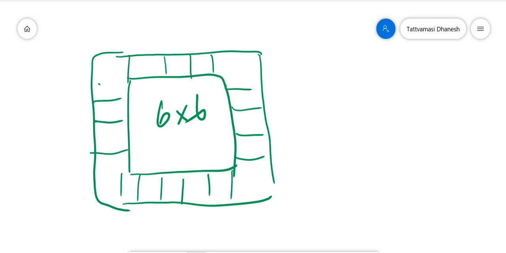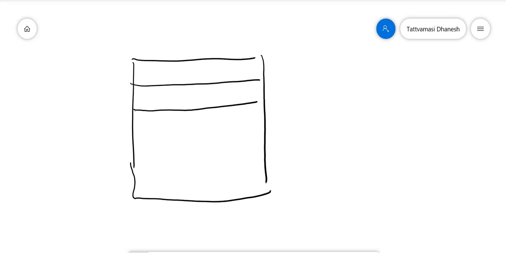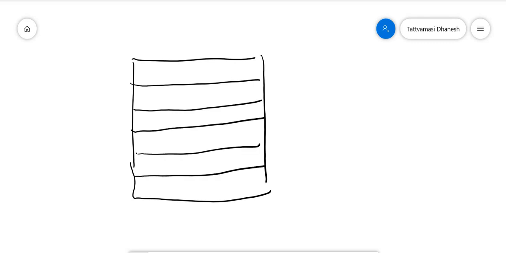So this 6 by 6 becomes, see, I will draw properly. You have the 6 by 6 image. This is 1, 2, 3, 4, 5, 6.